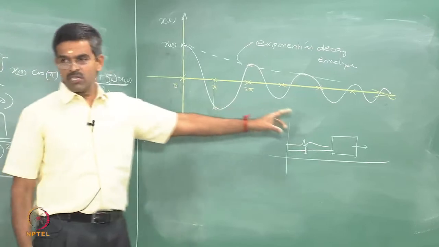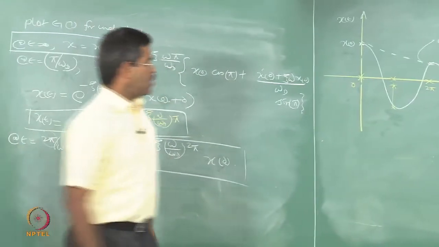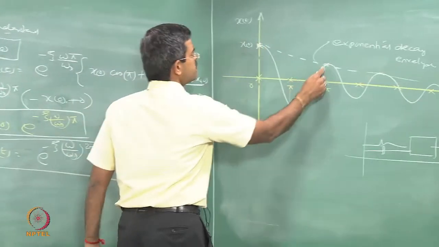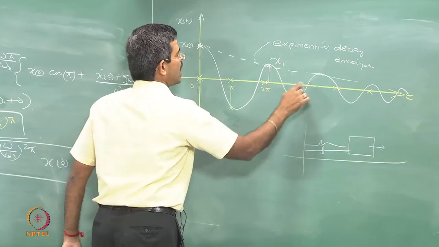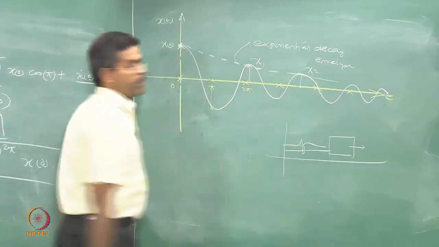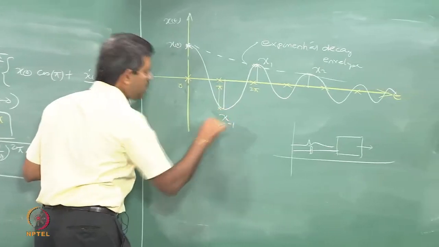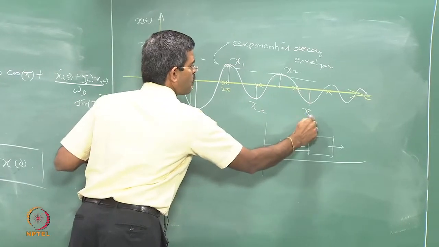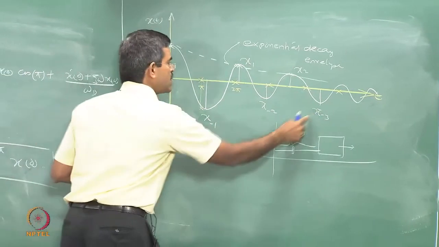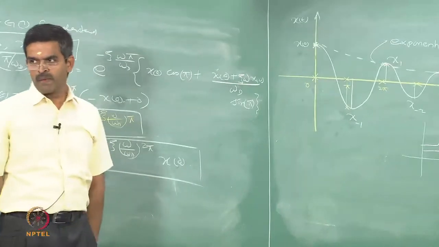You get this plot automatically from the experiment, okay. Now, I note down these peaks, I call this as x naught, I call this as x1, I call this as x2. I can call this as x of minus 1, x of minus 2, x of minus 3 and so on. So, this negative indicates they are lower envelope, positive indicates they are upper envelope, okay.